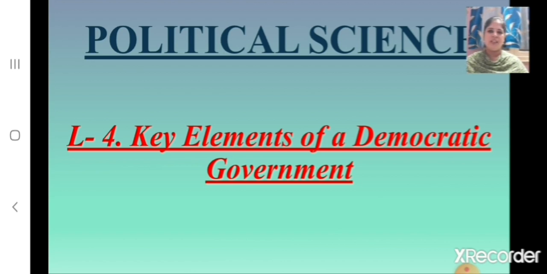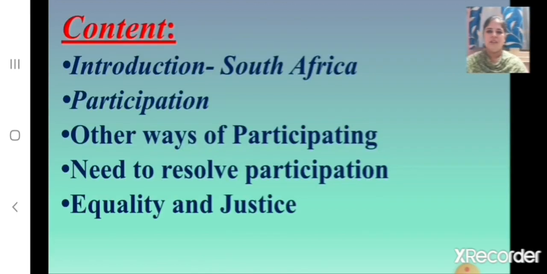Today in political science we shall learn a new lesson, lesson number 4, key elements of a democratic government. That means we will learn and understand the key elements that influence the working of a democratic government. Children, in this lesson we shall learn about South Africa, that is the injustice against non-whites in South Africa.